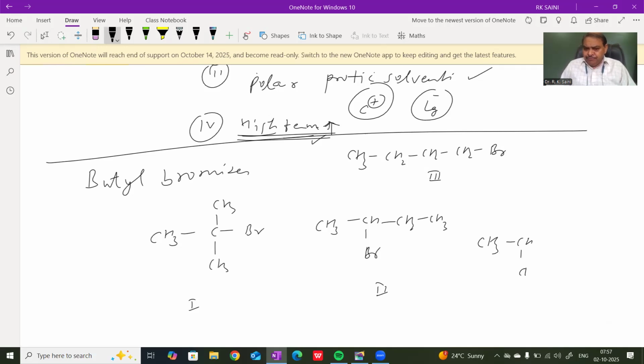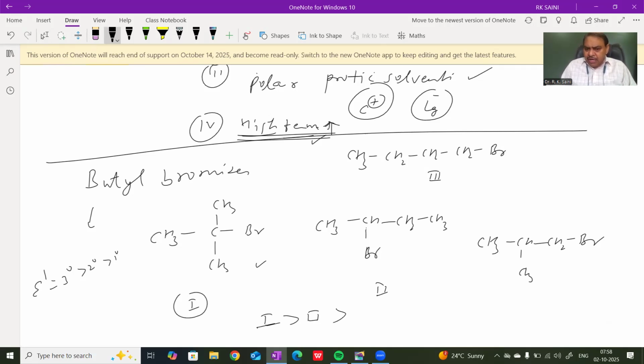First of all, we check the nature of substrate because we know that for E1 reaction, the rate of reaction is tertiary, secondary, and primary. Therefore, first is more reactive than second because first is a tertiary alkyl halide and second is secondary type.